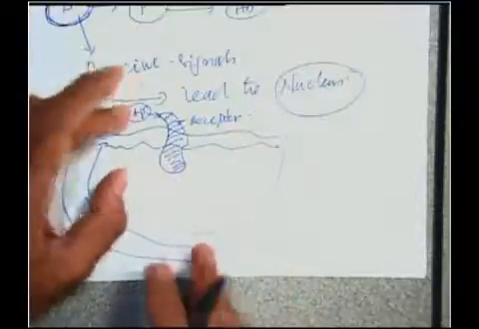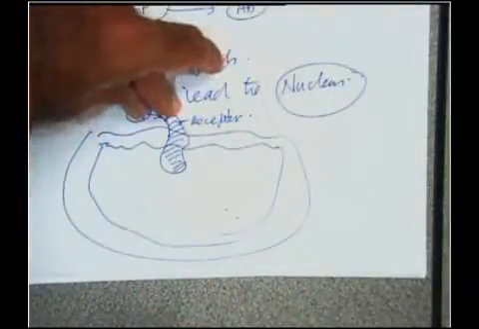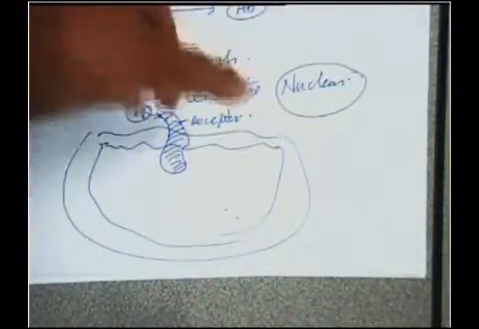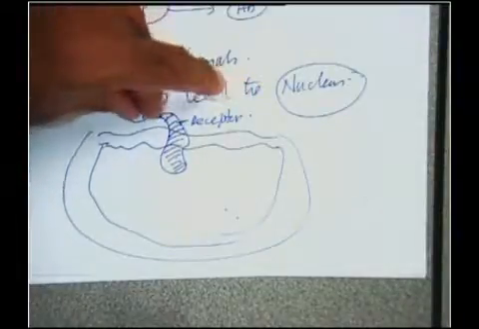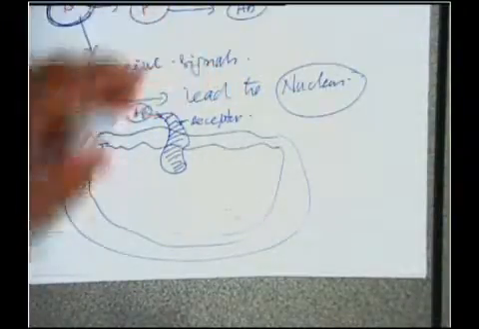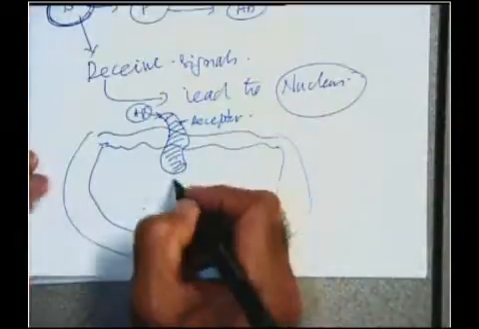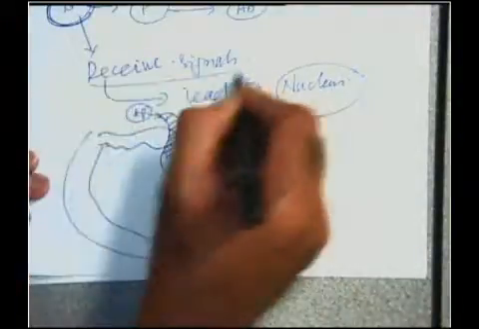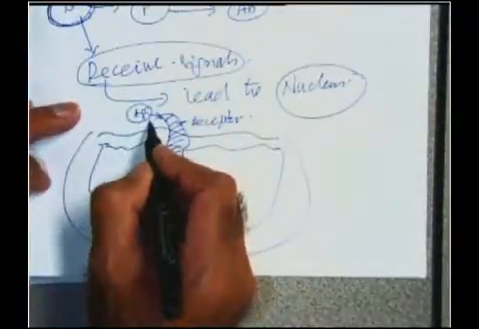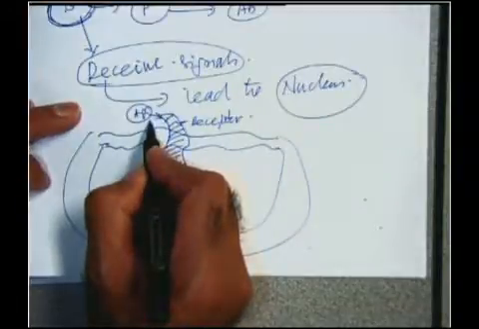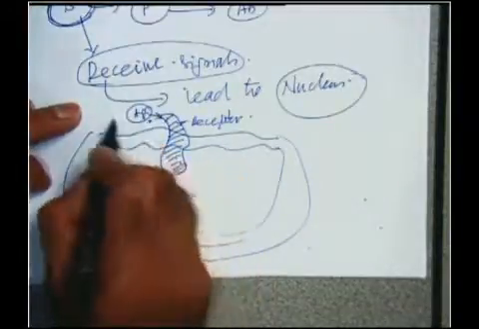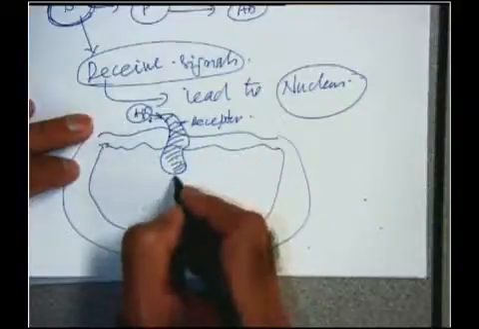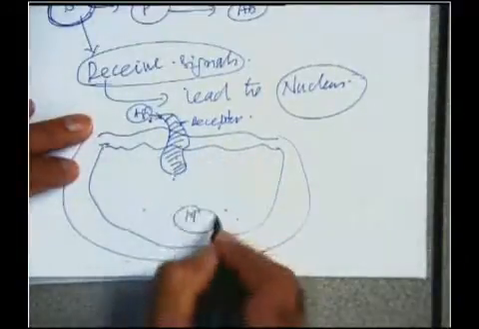As soon as the receptor makes contact, or binds with the antigen, it will activate the signal. So that is the reception, or binding, of this antigen. When it binds here, it will convey the message to the nucleus.